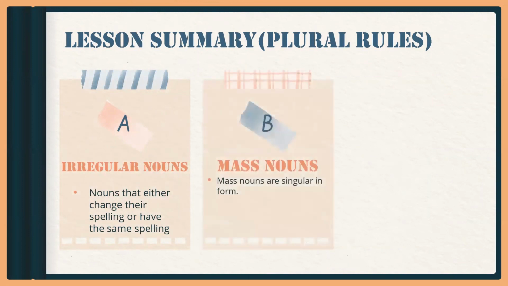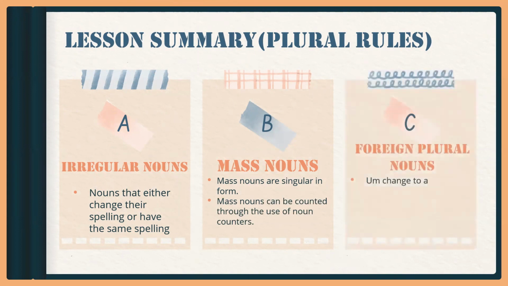Number 2, we also tackled mass nouns, and mass nouns are singular in form, but they may be plural if we use noun counters. Next, we studied the foreign plural nouns: um changed to a, on changed to a, is changed to es, ix or ex changed to ices, us changed to i, and a add e.